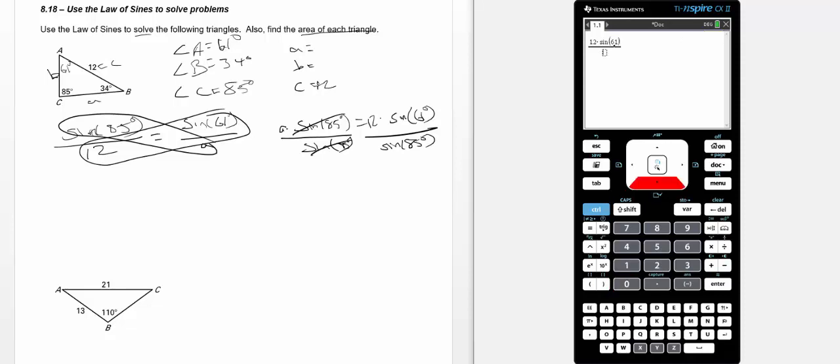Divided by the sine of 85 degrees. 10.5355. It doesn't tell me what to round to, so by default I'll round to, I guess, 2 decimal places. In the directions of check for understandings or assessments or things like that, it'll be more specific. In this case, 10.54.